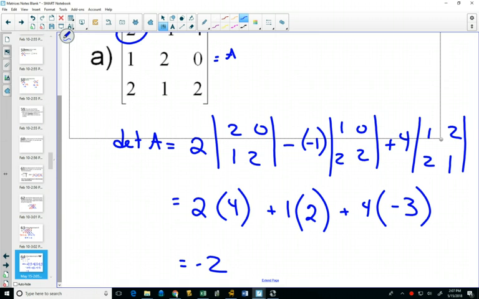I'd like you to type this matrix into your calculator and see if you can figure out how to find the determinant using your calculator.